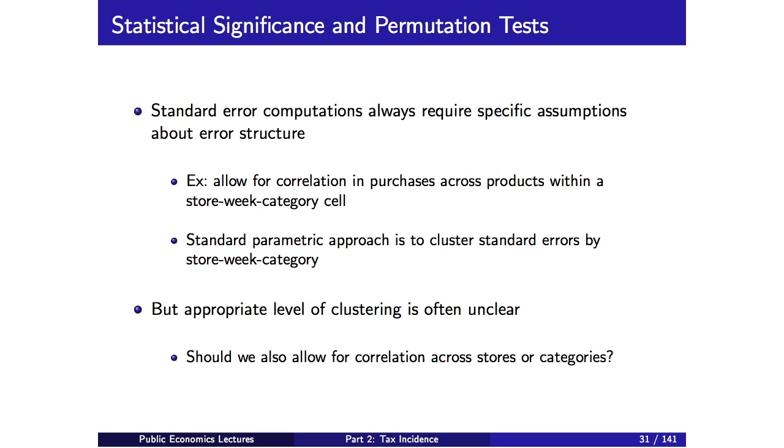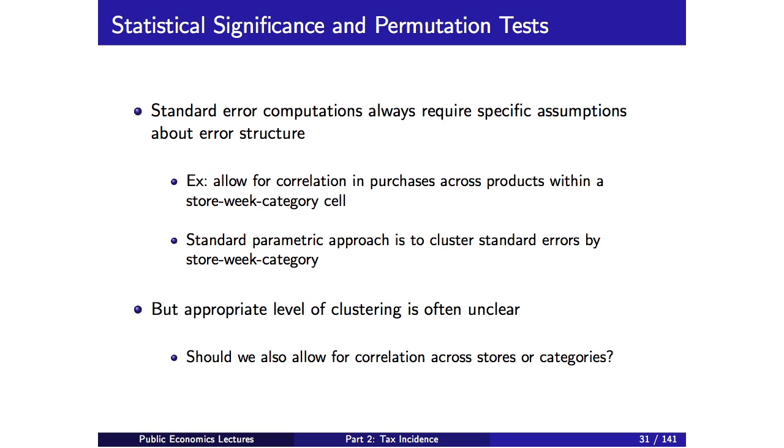So for instance, we think that purchases across products within a store week category cell, that's the level of the intervention here, are likely to be highly correlated, right? So in periods when demand for Coke goes up, demand for other sodas might go up as well. And I don't want to treat those as IID observations. If I treat them as IID observations, I overstate my precision because I'm pretending that I have a separate data point for each of those, right?